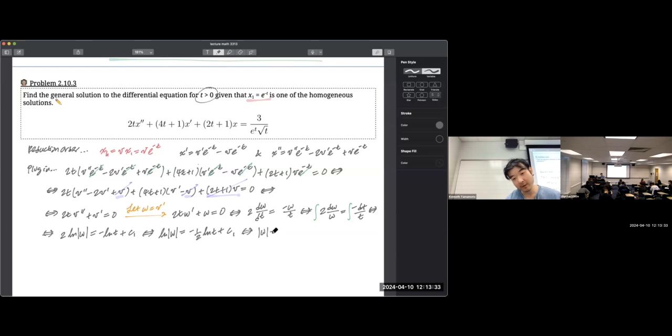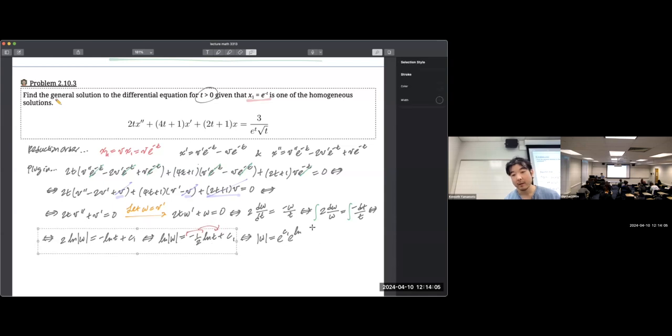The absolute value of w is equal to, and then also when I take the exponential, I'm going to pull this exponent up because then I can cancel the exponential and the log. So it's going to end up becoming, and then, of course, there's a splitting of the exponential. So the e to the c1, e to the ln of t to the negative 1/2.